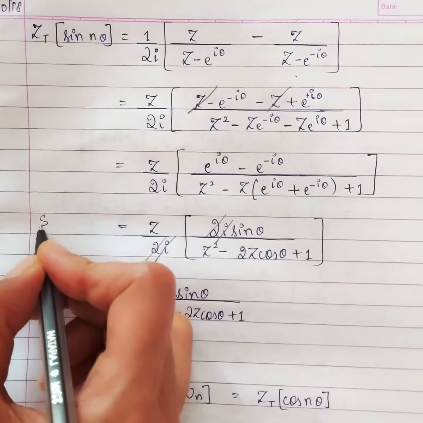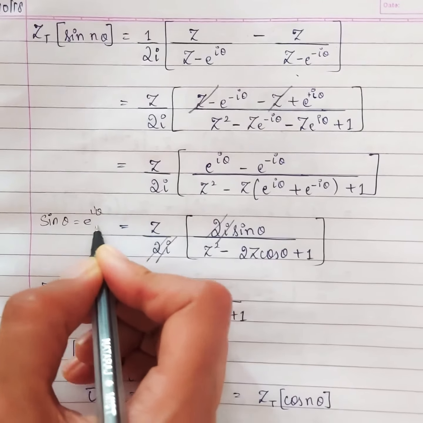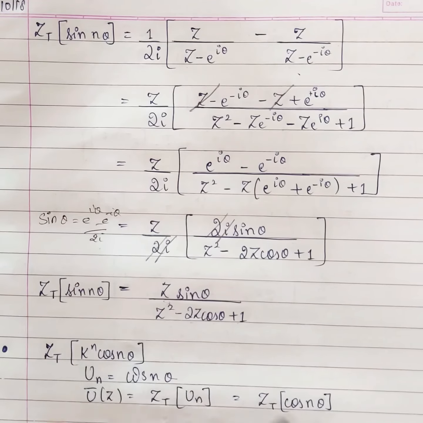I'll write it again: sin theta is equal to e power i theta minus e power minus i theta by 2i. This 2i is not there, right? So 2i into sin theta we have written here. So these values will get cancelled. So we are getting z transform of sin n theta, that is z sin theta by z square minus 2z cos theta plus 1.